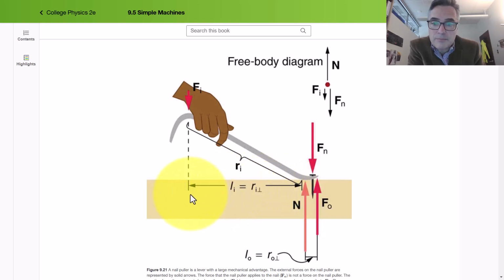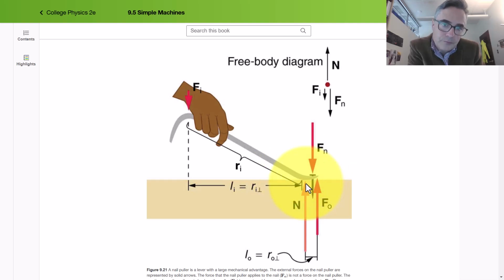And the torque is computed by multiplying the force times the perpendicular lever arm, which is this R perp. And that is different. There's a long R perp here for the input force and a very short R perp for the output force from the nail on the crowbar, which is equal and opposite to the crowbar on the nail.